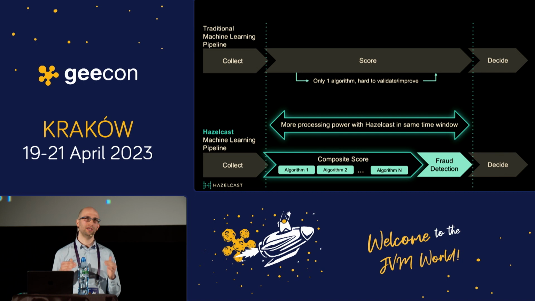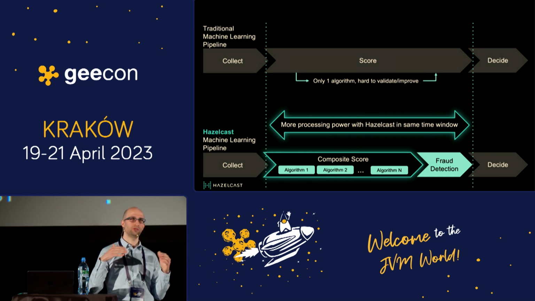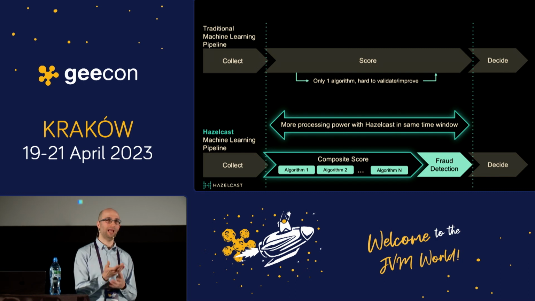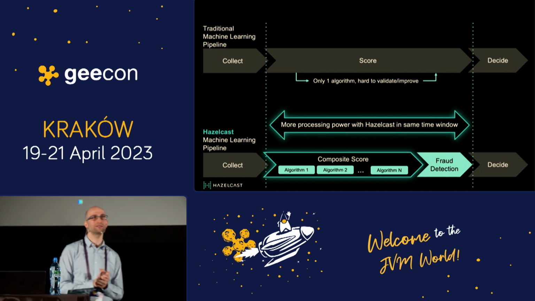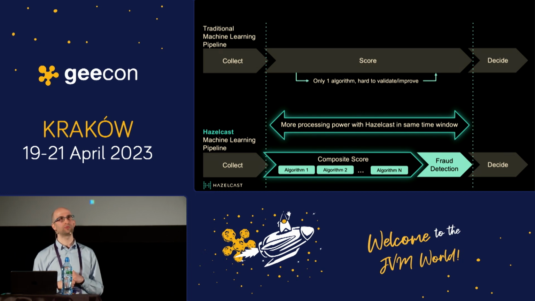So in this case, you have multiple inputs and multiple microservices, but the output should be a combination of all these microservices. So, for example, you want to detect if an activity is fraudulent or not, so you want to combine a composite score between multiple microservices.